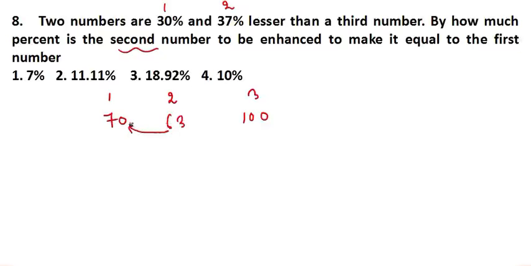Then you can see you have to increase by 7 on what? On 63. 7 on 63 into 100 means 7 by 9. Now what is 1 by 9? 1 by 9, we know that in a percentage form it is 11 1 by 9%, which also means 11.11%.